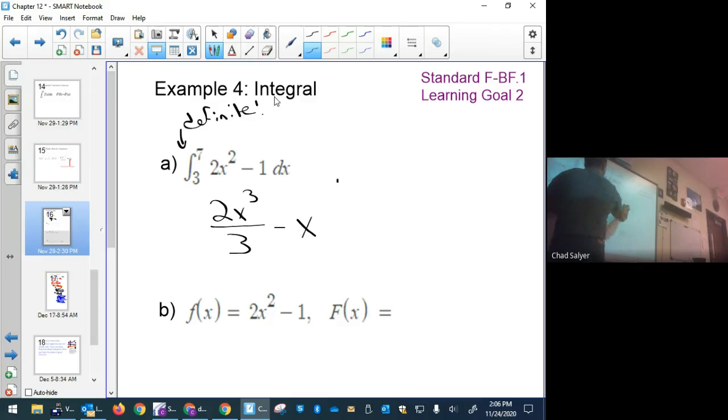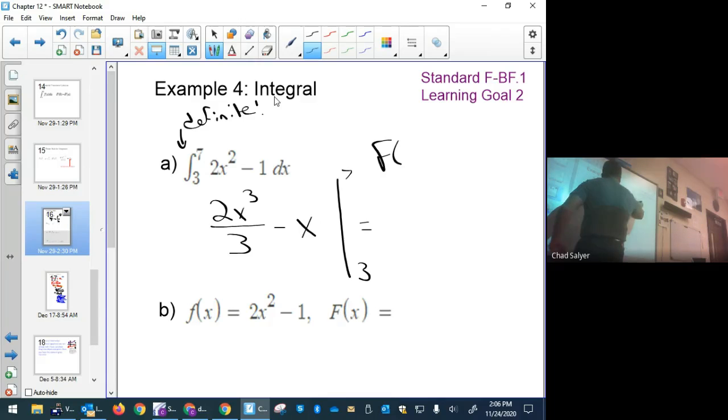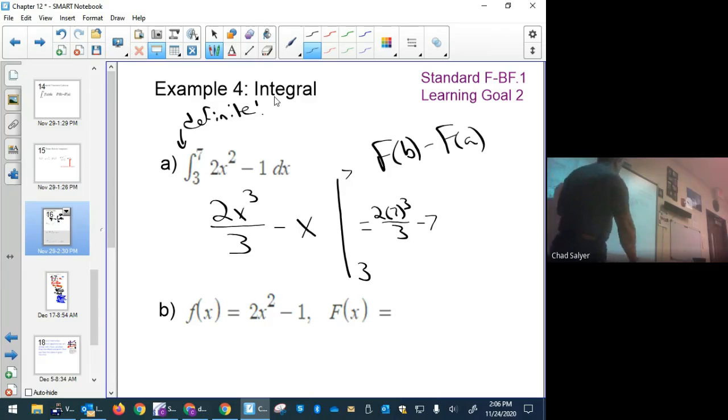Now I'm going to use this notation to indicate I have to evaluate it between 7 and 3. So remember that second part of the fundamental theorem of calculus. Now we're going to plug in 7 here. And then minus.